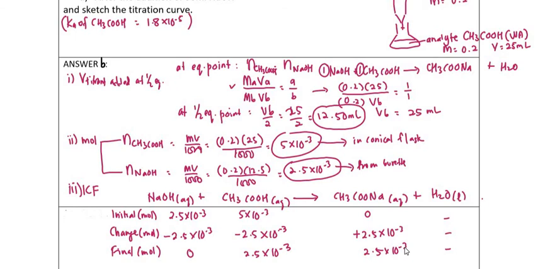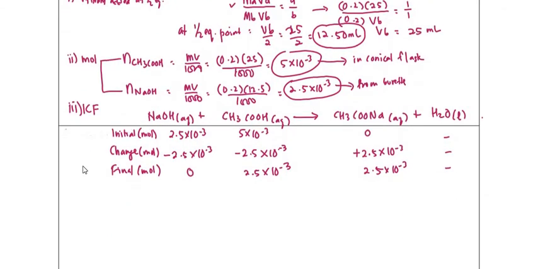Okay, di sini siapa yang limiting reactant? Macam tadi kita tentukan NaOH adalah limiting reactant sebab nilainya lebih kecil daripada 5 eksponen negatif 3. So limiting reactant itu at the end, pada final, dia akan menjadi 0 sebab dia completely consume. Okay, itu differential untuk limiting reactant. So tally lah with the value here.